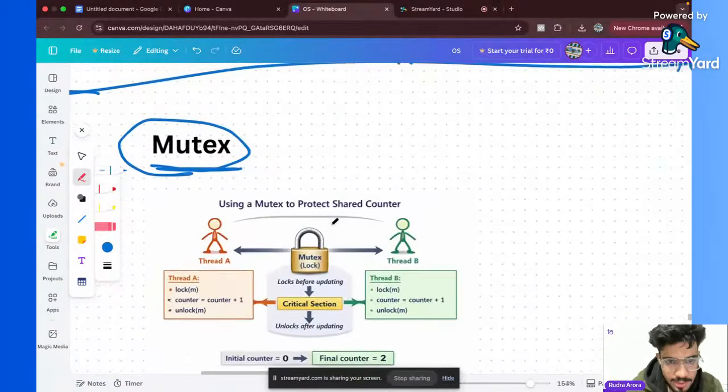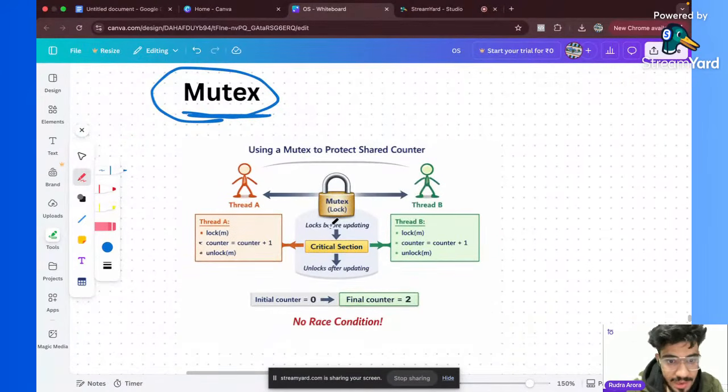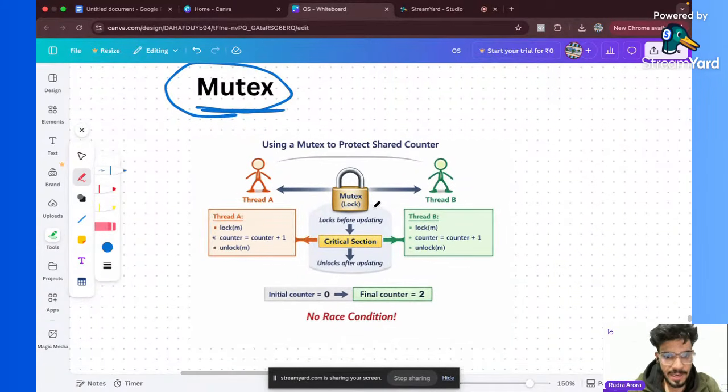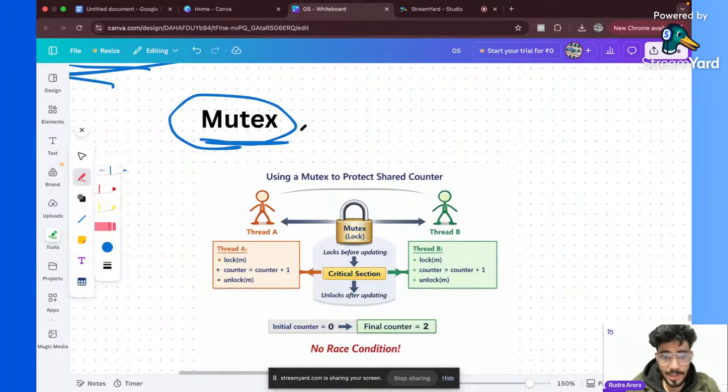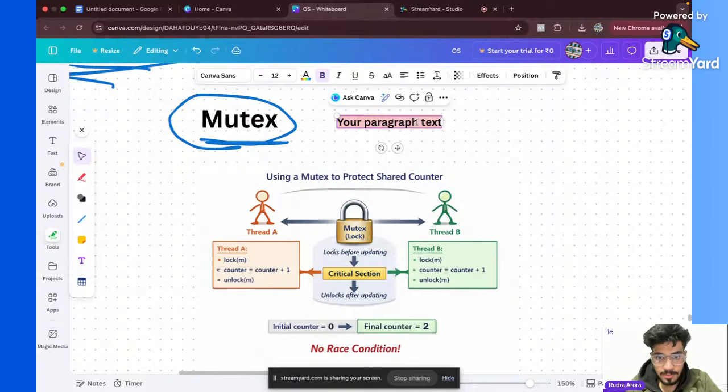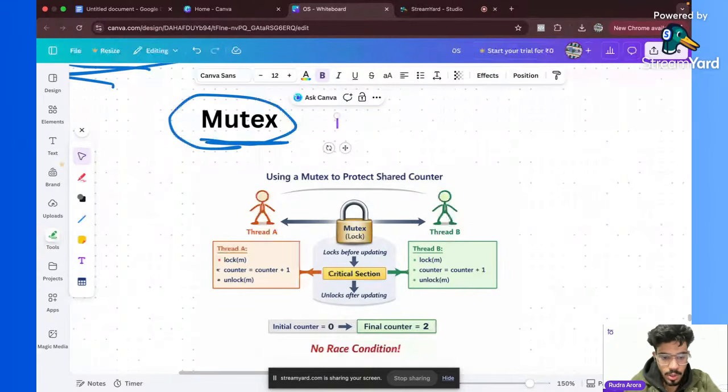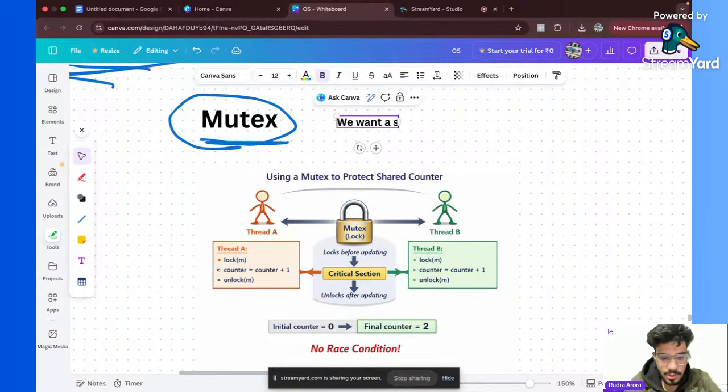I think this would be a very good picture, a very good example that I got. I thought it would be great to show you. I just told you that we want a very strong mechanism.